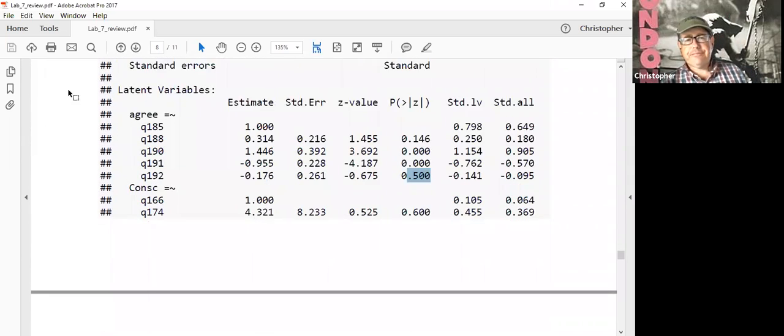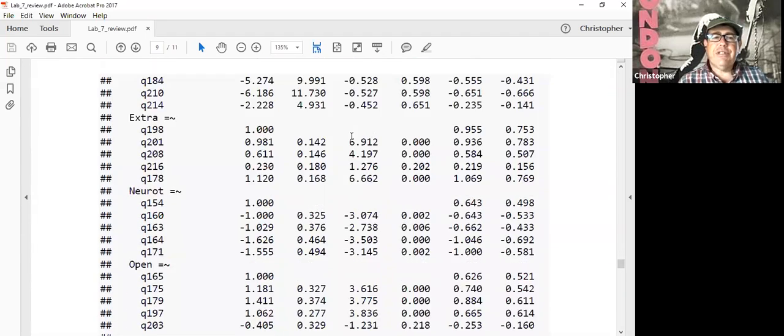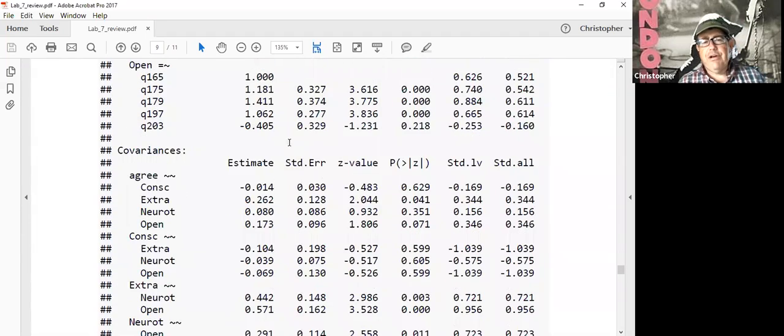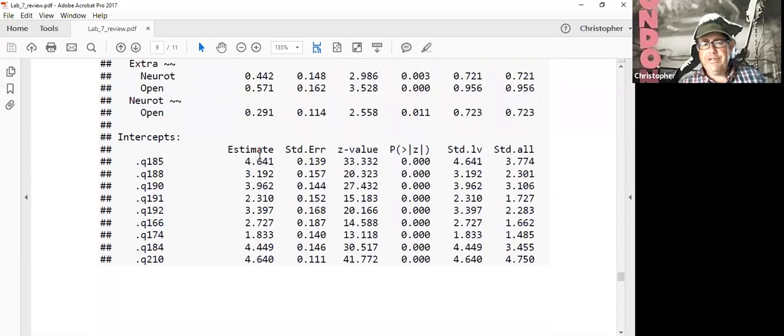And then these individual loadings are what we would be looking for, particularly if we see some patterns where some weren't significant. That might suggest we put variables on the wrong factor. It might suggest there's a problem with that part of the scale. So those are probably the main places. And then the covariances get at the factor correlations.